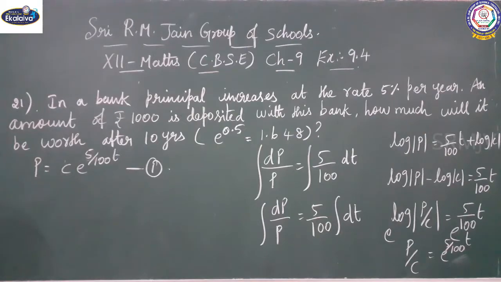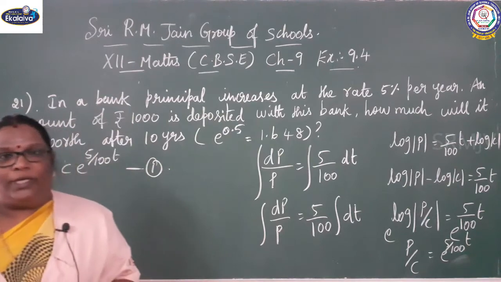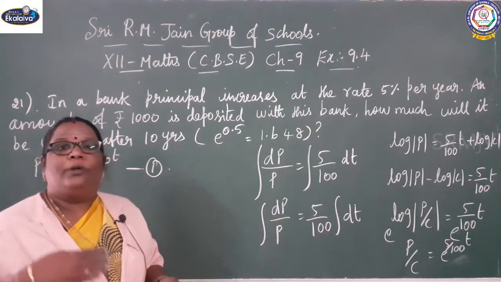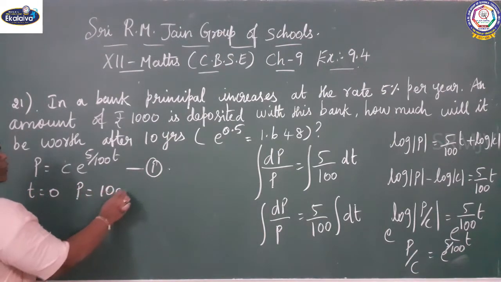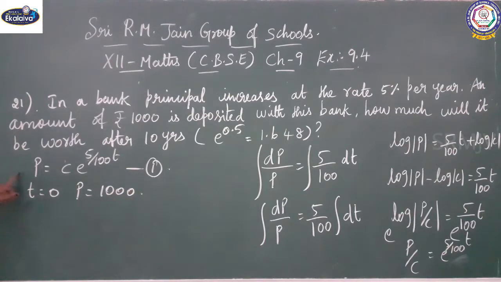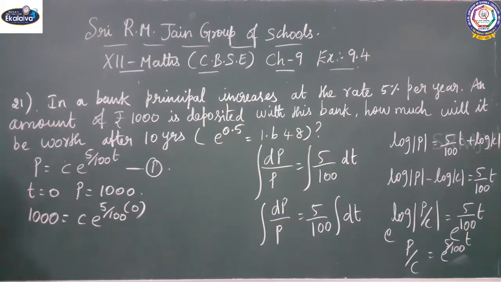Starting when t equals 0, you deposit the amount 1000 rupees. When t equals 0, principal equals 1000 rupees. You can substitute in this equation: 1000 equals C e power 5/100 into 0. 1000 equals C e power 0.